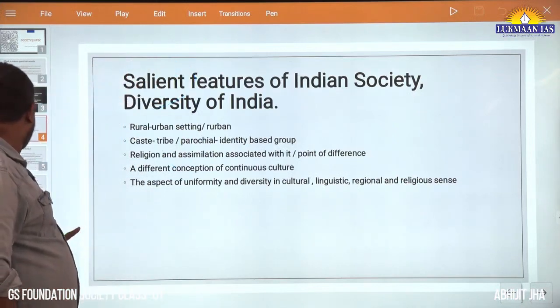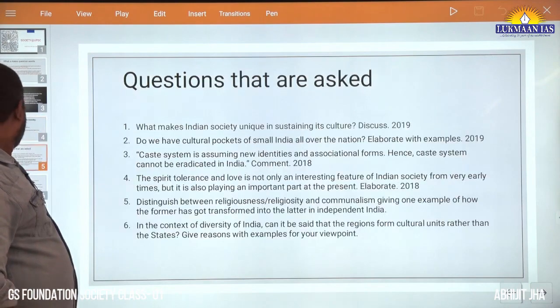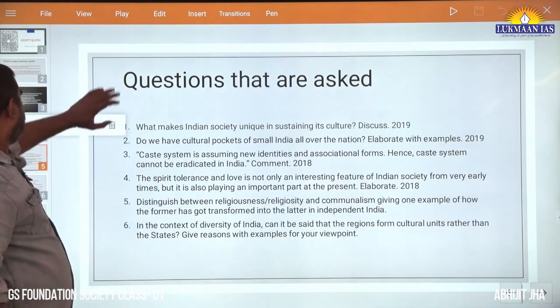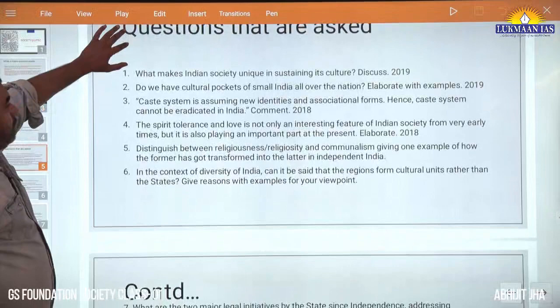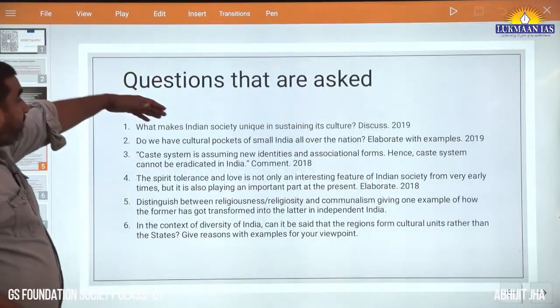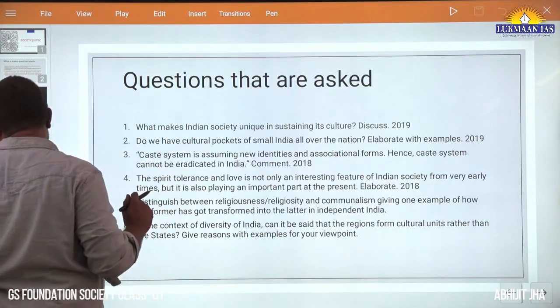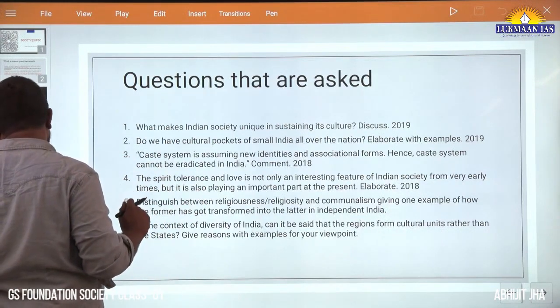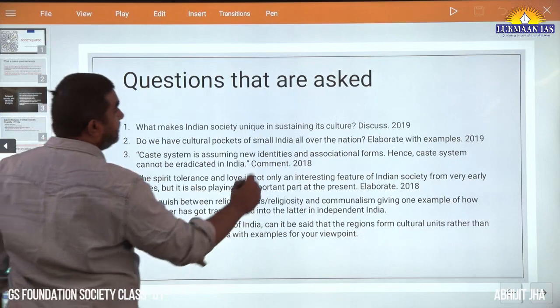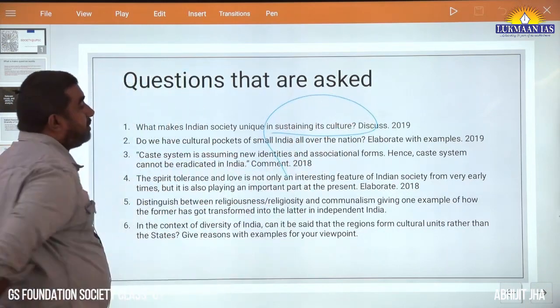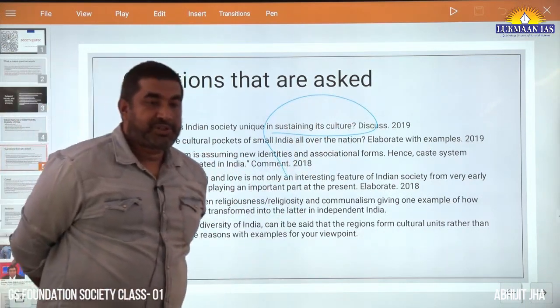Now, questions that were asked. What makes Indian society unique in sustaining its culture? It was the question of 2019.